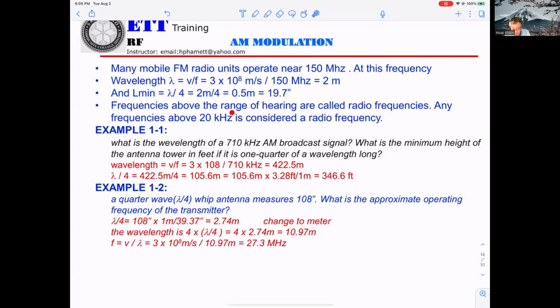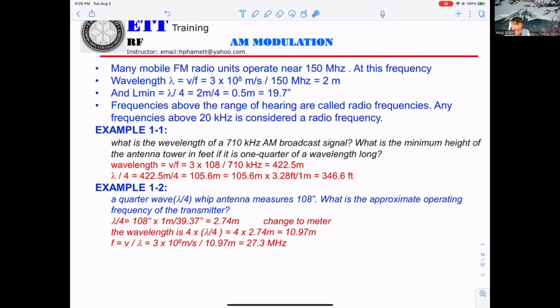Frequencies above the range of hearing are called radio frequency. Any frequency above 20 kHz is considered a radio frequency.